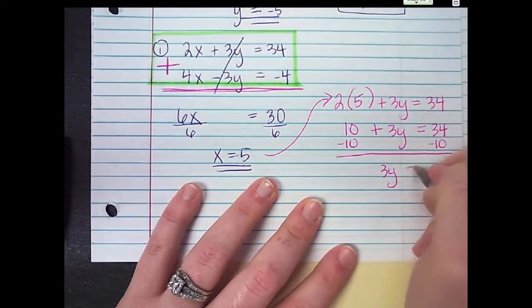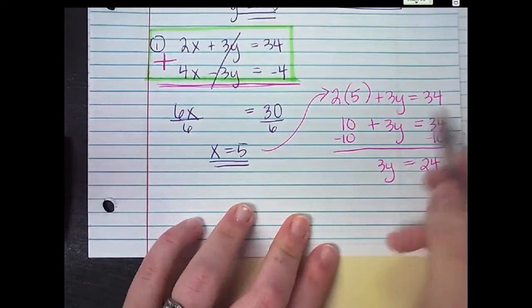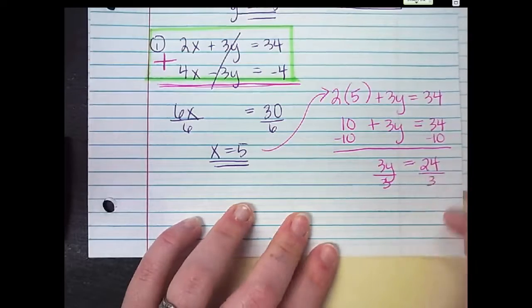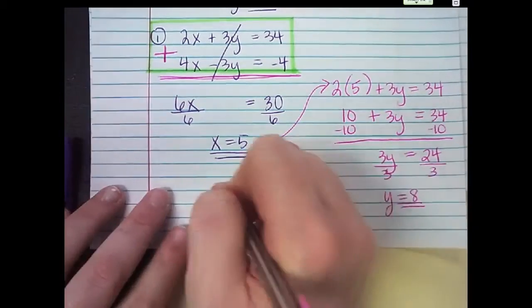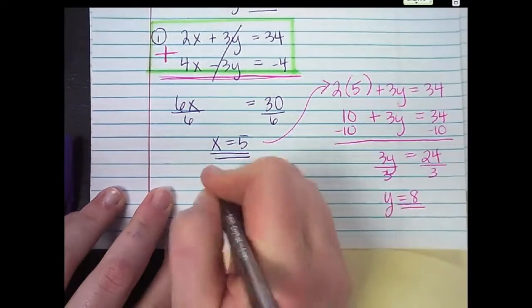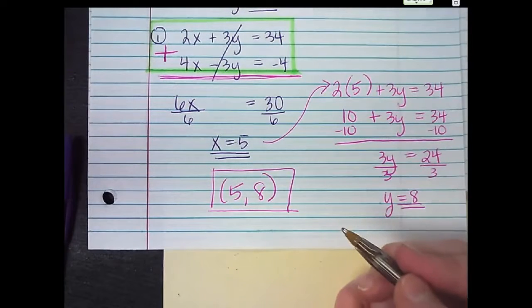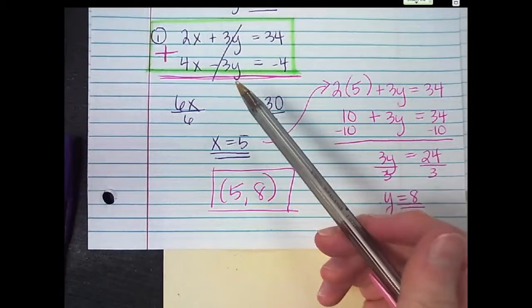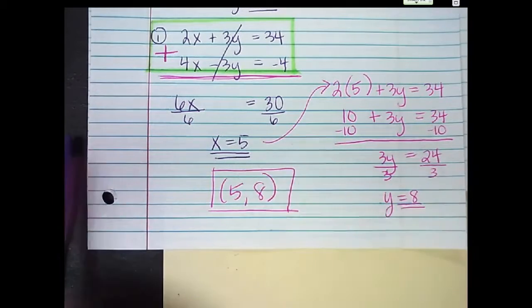So 3y equals 24. And divide by 3. So 5, 8. That's a lot shorter. Now these were set up for you, so we're going to do one where it's not necessarily set up for you, but I still think it's quicker than substitution.